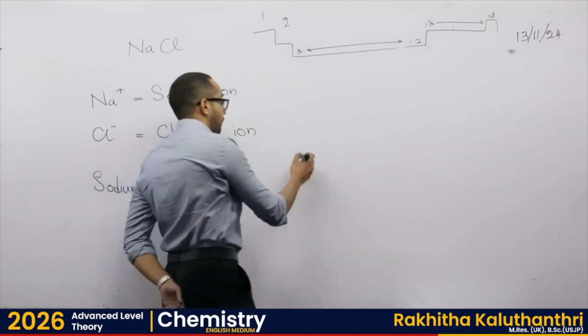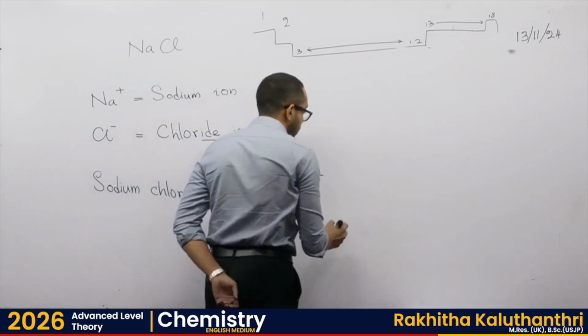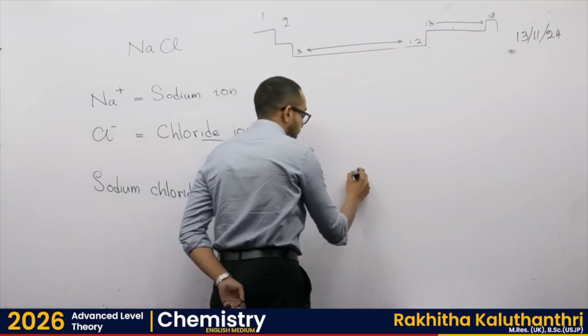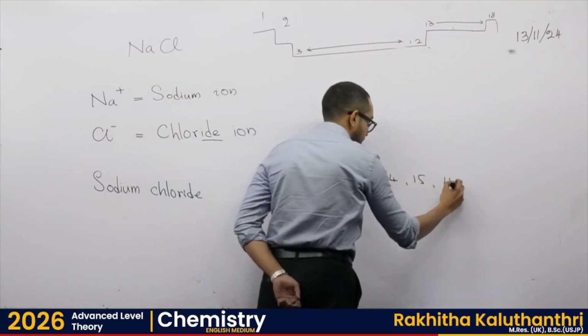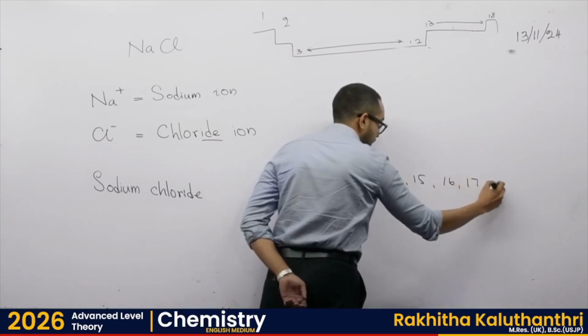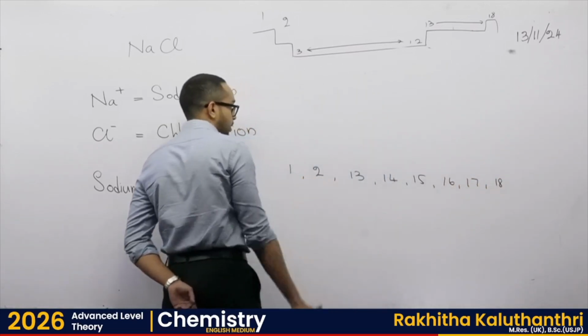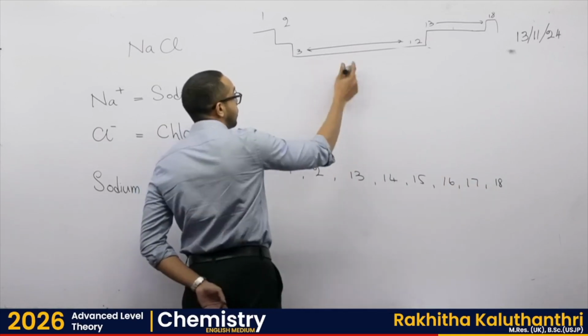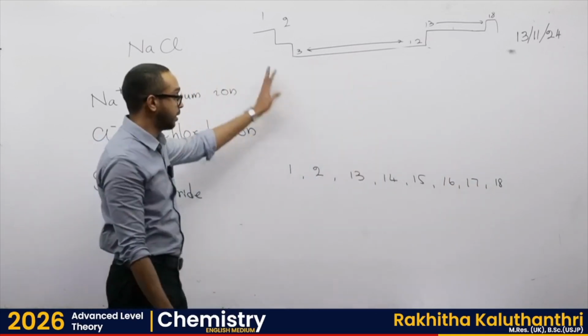So now if I write the groups here, group 1, group 2, and then we name it from group 13, 14, 15, 16, 17, 18. The middle bit is D block elements. We don't talk about them right now. Right, so I have eliminated that.